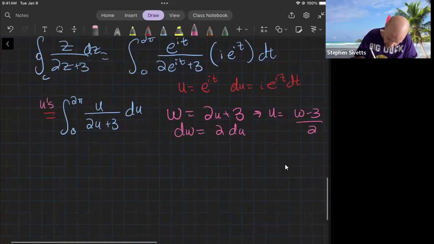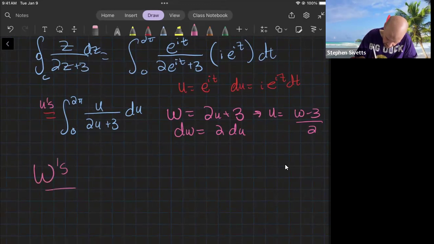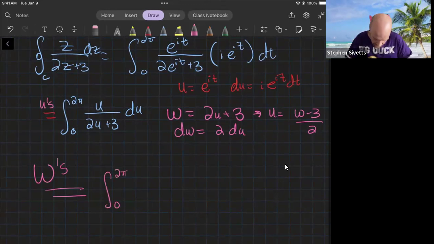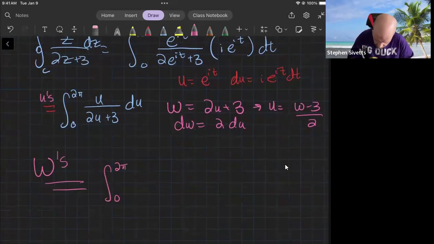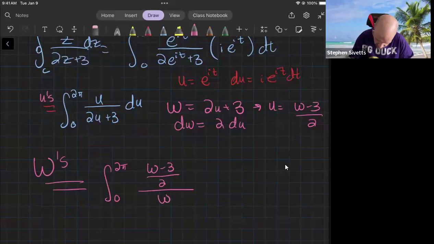This is in u's. So in w's, this would equal the integral from 0 to 2 pi. That's in t. So we'll have w minus 3 over 2 divided by w times 1/2 du.